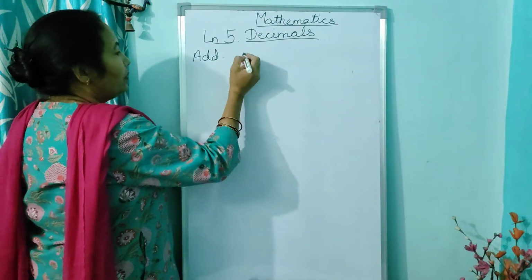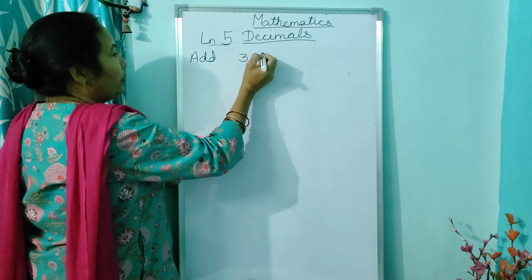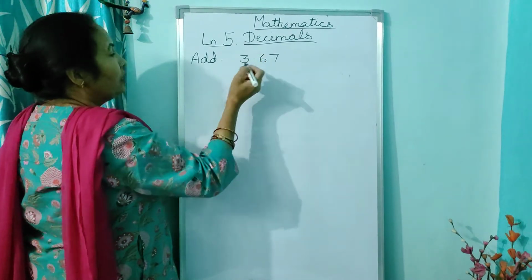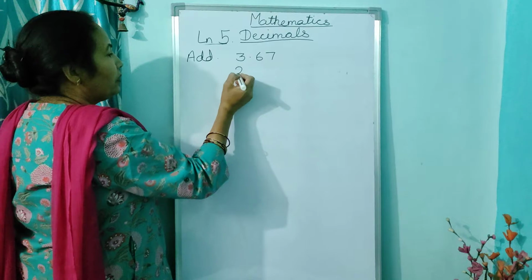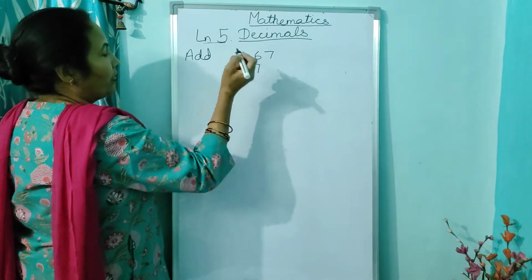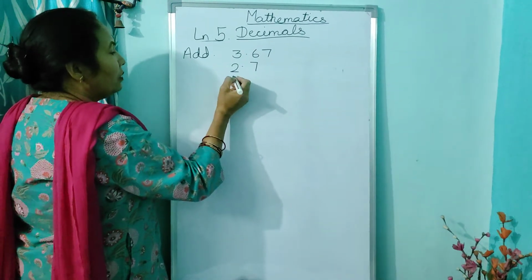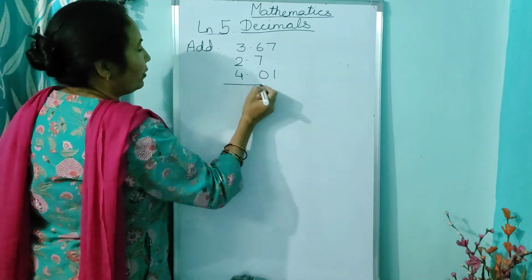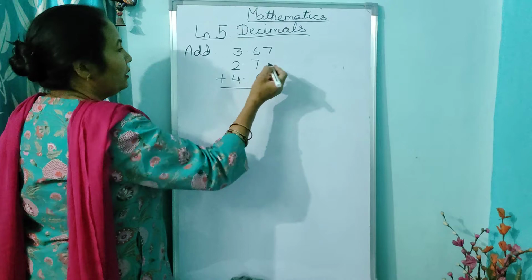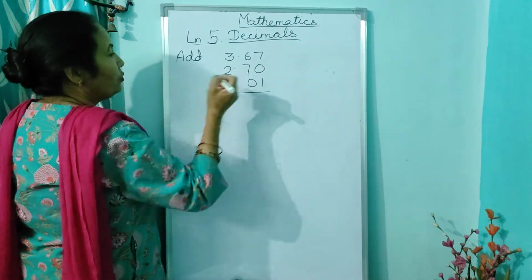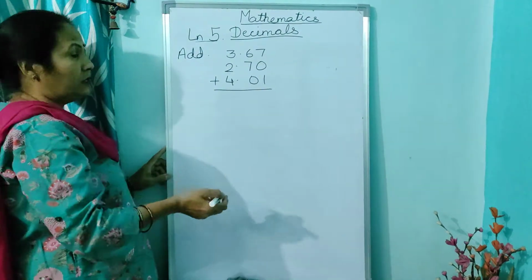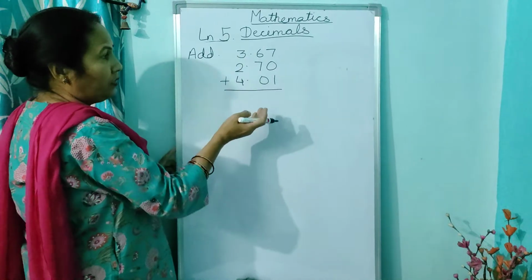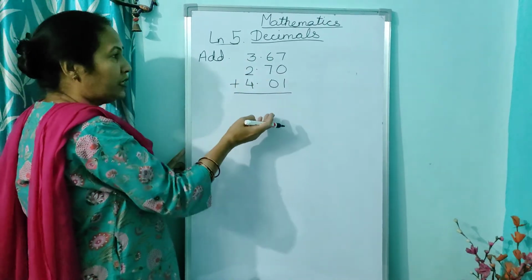You have a number here, 3.67. The next number is 2.7. Then you have 4.01. Now when you have to add, children, you can write a 0 here also. If you don't want to, you can do it without. If you have understood, you can do it straight away.